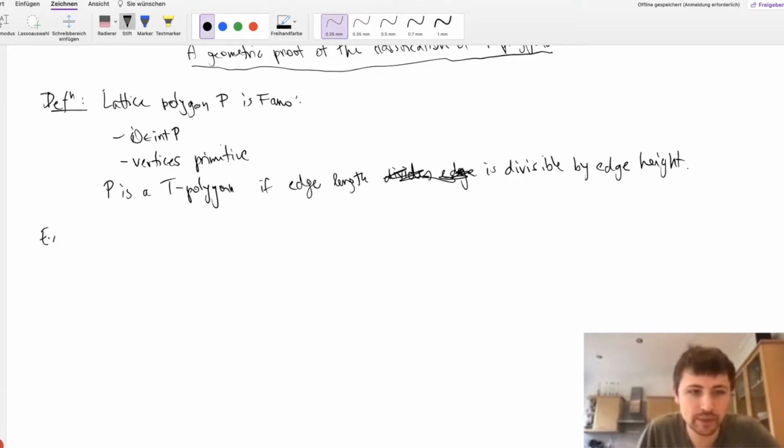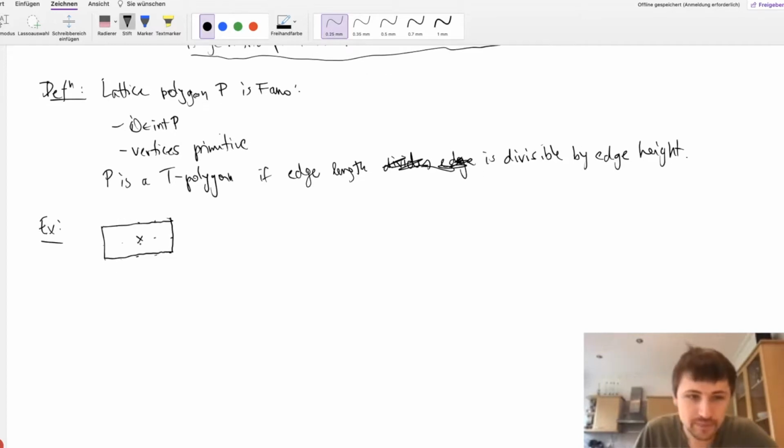If you haven't seen it before, let me just give an example. Let's take this polygon here. The length of these 2 edges, this one and that one, is 4, because there are 4 intervals there, and the heights are 1.